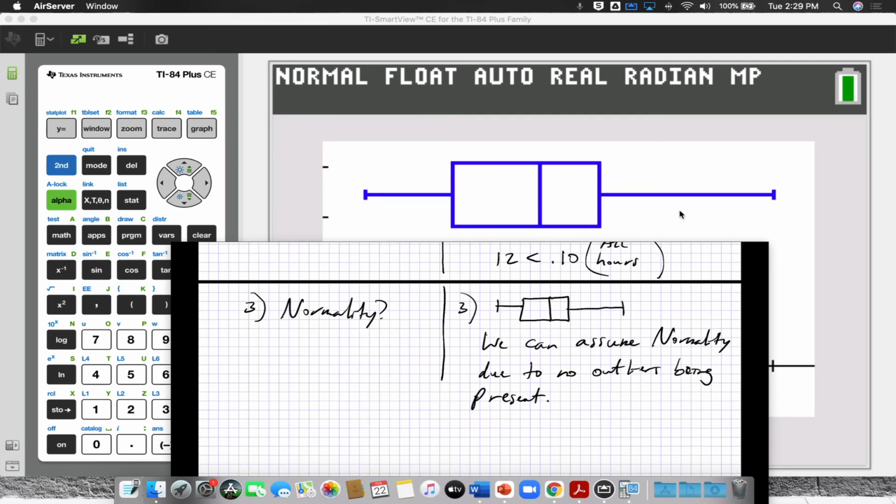You always want to talk about outliers. You could say skewness too, but you definitely want to talk about outliers. Say something about assuming normality due to there not being any outliers. So I would say add no outliers is definitely the reason why, but what does it suggest? That kind of thing.